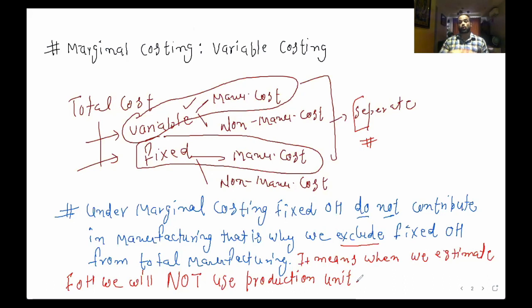So we use the total fixed cost and divide it, depending on whether we are calculating 1 month, 1 quarter, 6 months, or 1 year. That's the whole idea here.